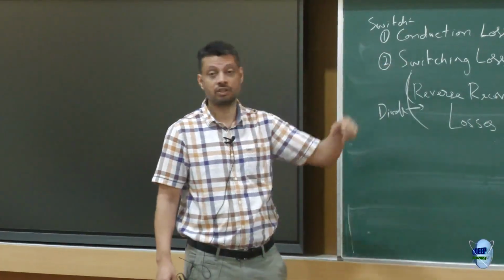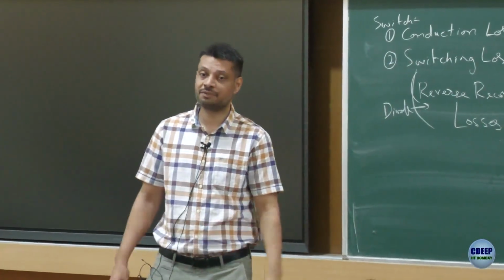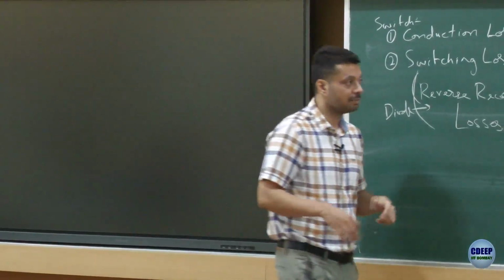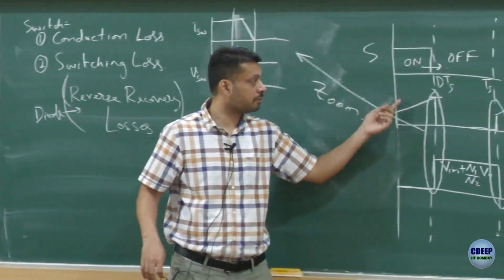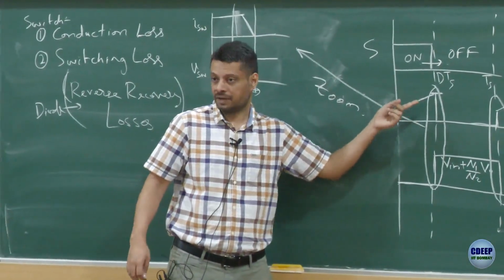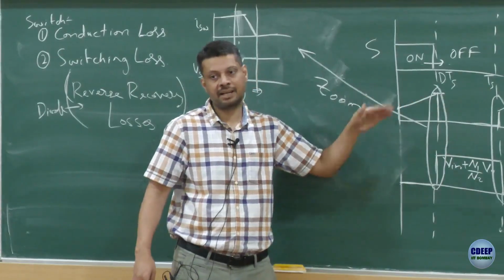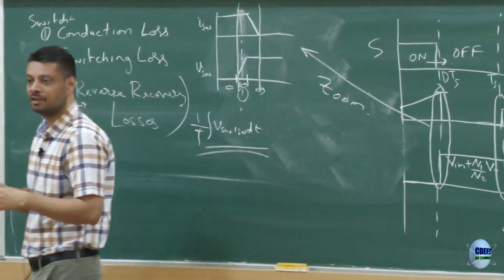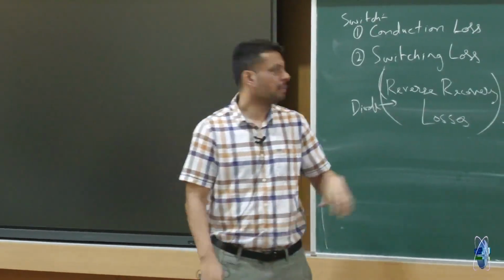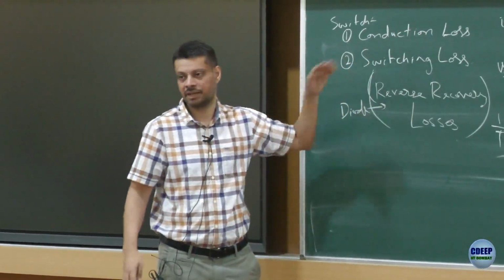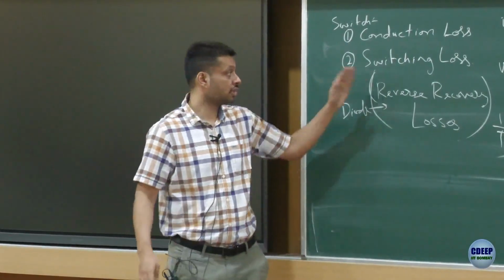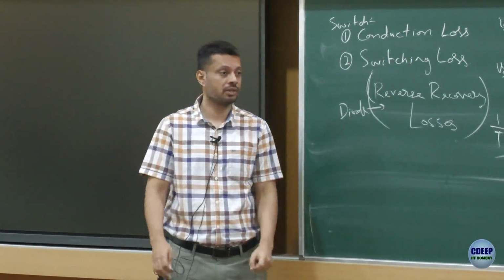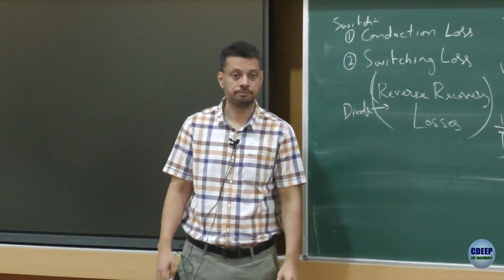The conduction loss on the other hand also depends on the frequency, but there is no direct relationship, only an indirect one, because you have to find the RMS current to find the conduction loss, and the RMS current would depend on the slope, the inductance value, which would then indirectly depend on the frequency, right. But that is more of a derived relationship. Directly, switching loss is proportional to the switching frequency.